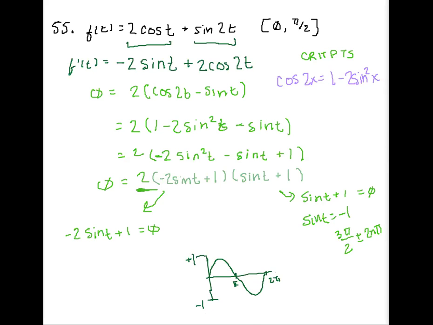And then over here, yes, sorry, I just saw your chat. Yes, so this is going to be sine t is equal to minus 1 over minus 2, so it's going to be 1 over 2.